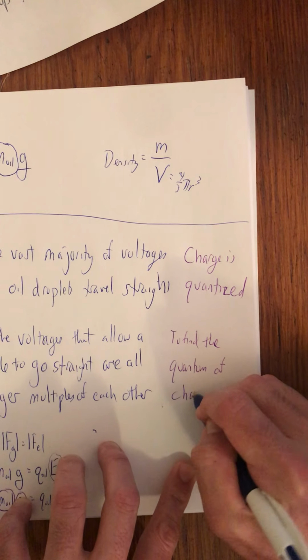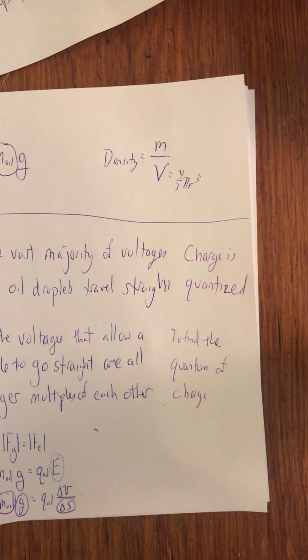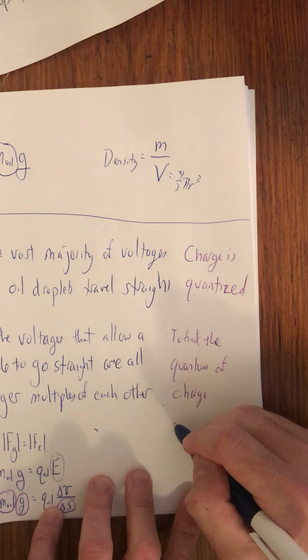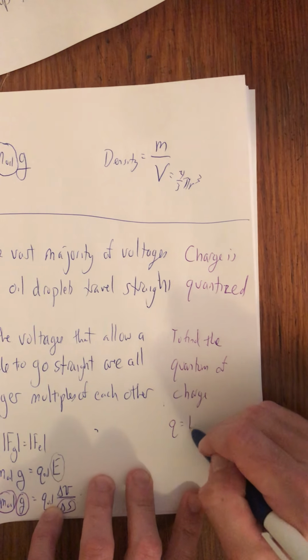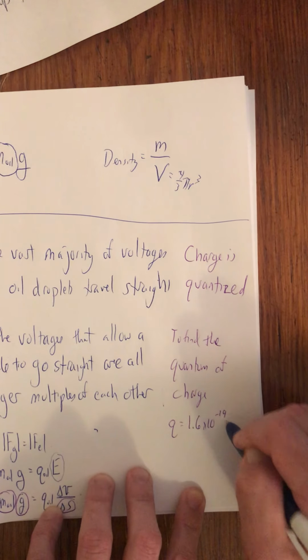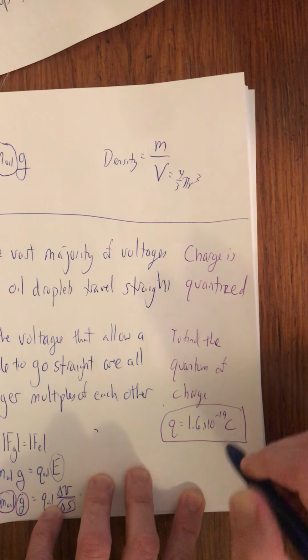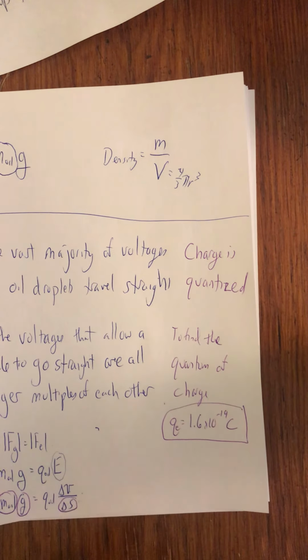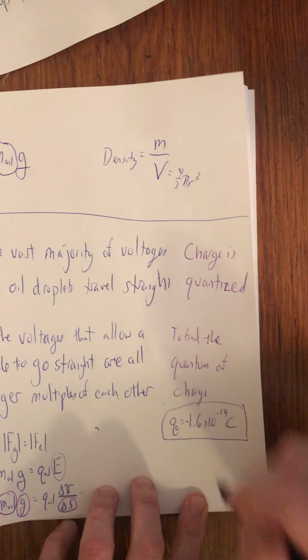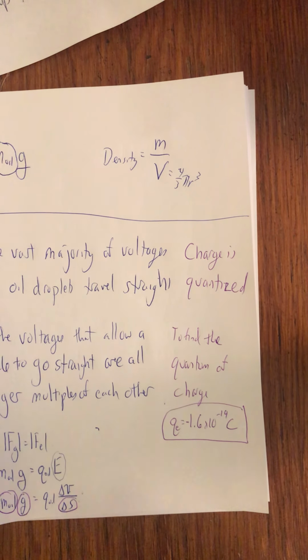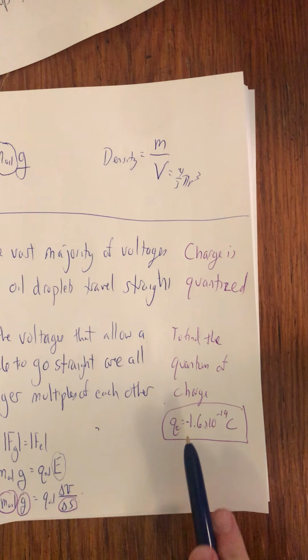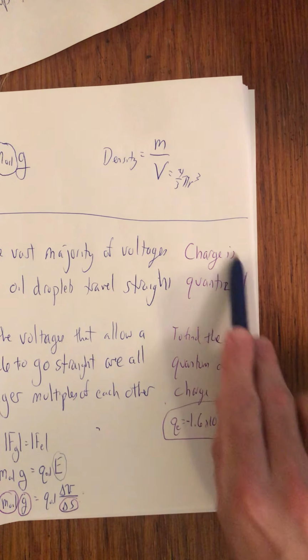Quantum just means the thing that you multiply everything else by in order to get the value, right? And so he's able to determine that the quantum of charge is 1.6 times 10 to the negative 19th coulombs, okay? Actually negative, because he knows that they're all negative. He's the one that finds the charge on the electron and shows that charge is quantized.